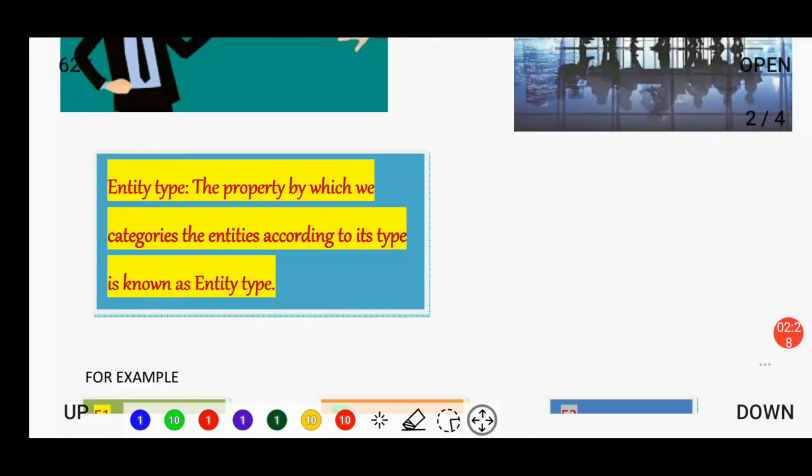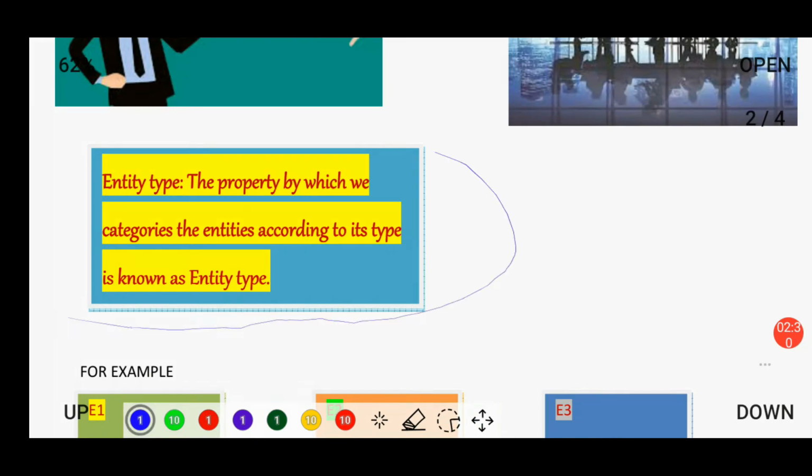The next key element, and the most important part in defining the entity relationship model, is the entity type. What is the type of the entity?